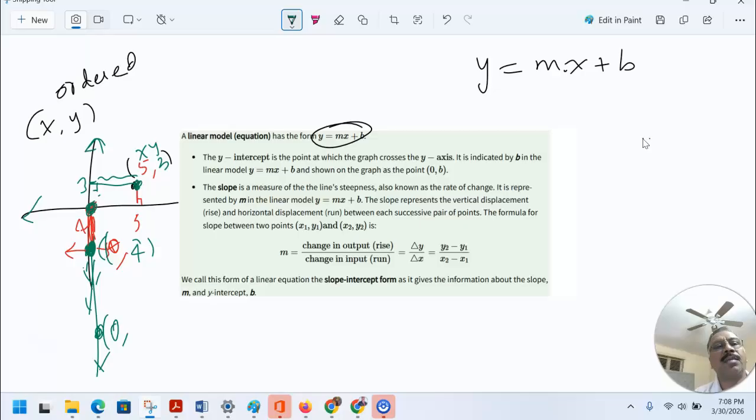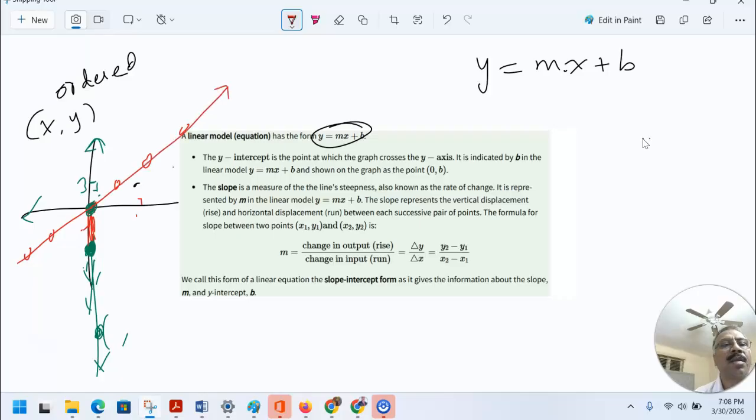The main idea now is, what is the relation? Let's see if there are points, one point here, one point here, like this. These are collinear. They lie on the same line. There is a relation between these points.